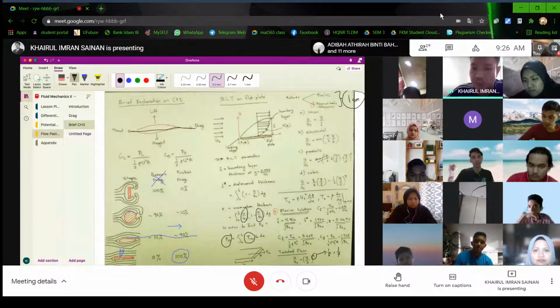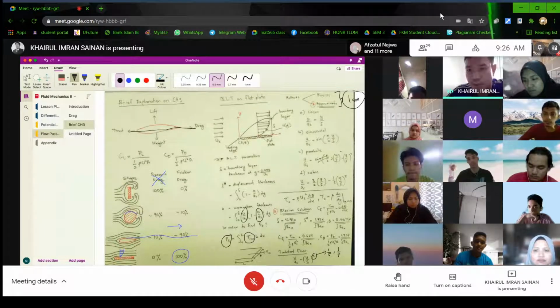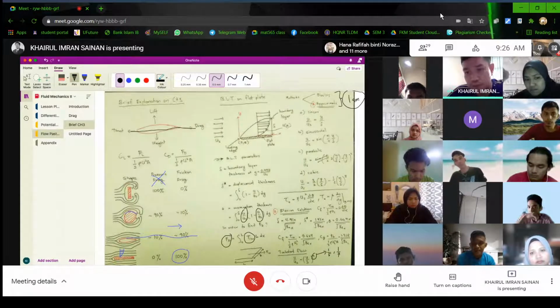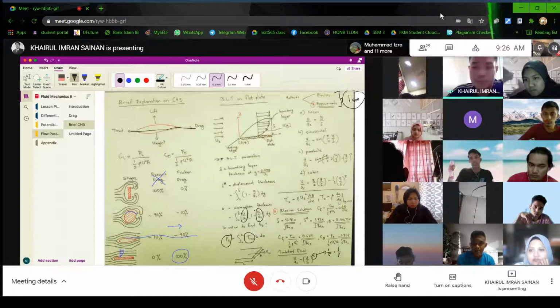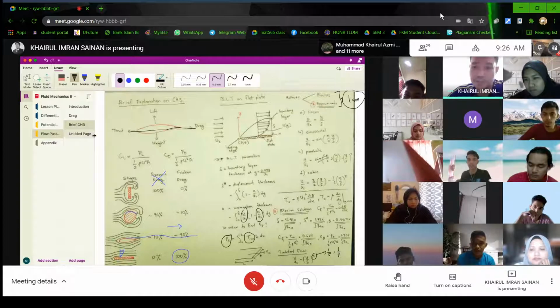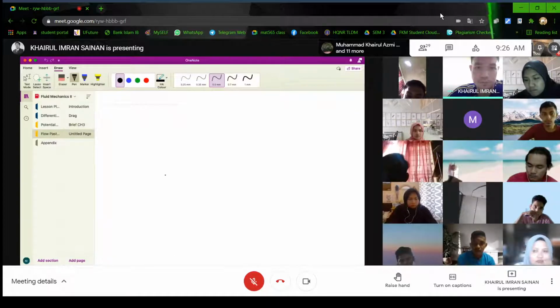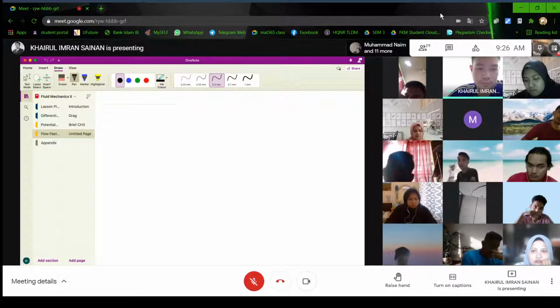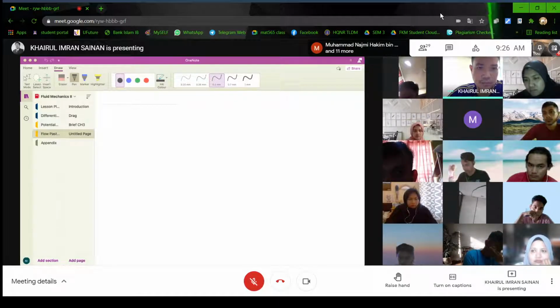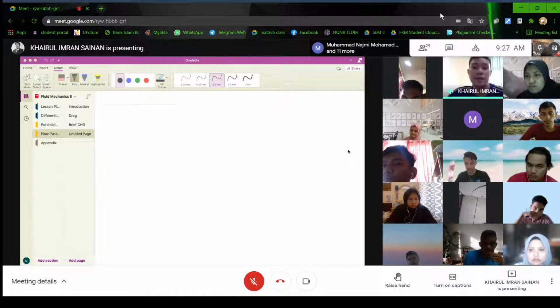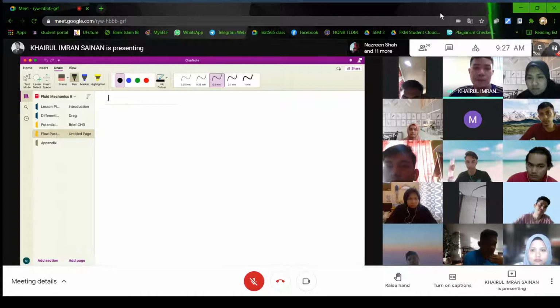Okay, so we're going to use this one, parabolic. Now is the time for us to try to derive this equation. Okay, parabolic profile.